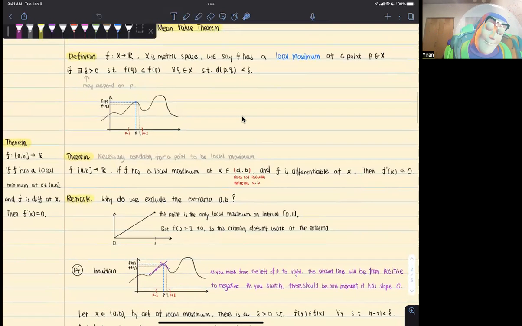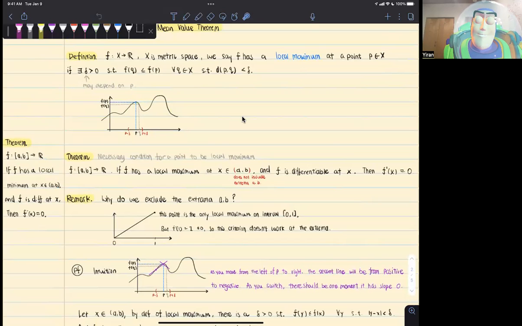On the other hand, you can also state a theorem. If f is defined in this way and f has a local minimum at the point x in the open interval (a, b), and f is differentiable at x, then f'(x) is equal to 0. So basically, you look at the function f, and you get a local maximum, and it's also differentiable there, then the derivative at this point of function f must be 0.